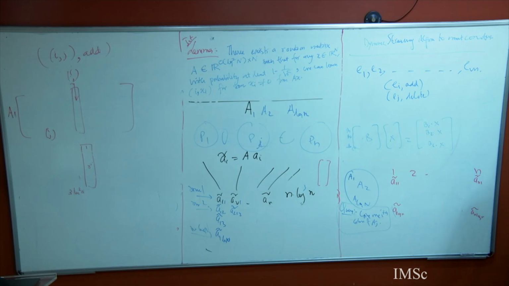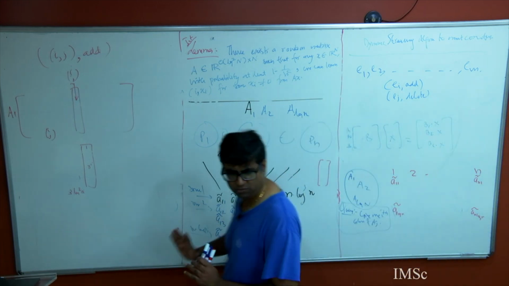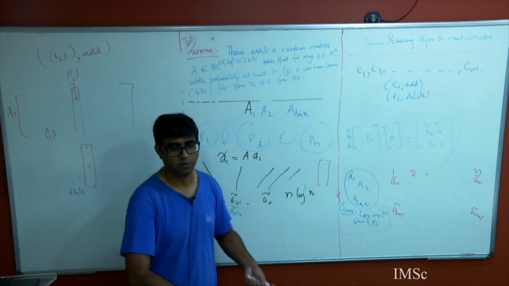So I cannot apply this trick. It is random but fixed. Once I have taken this, it should be fixed. Otherwise, I cannot apply my linearity, right? So you cannot generate it on the fly. Okay? So we'll deal with it. I just want to tell you why we cannot do this simple thing. But for now, let's just do the simple thing, and then we will do the heavy lifting.